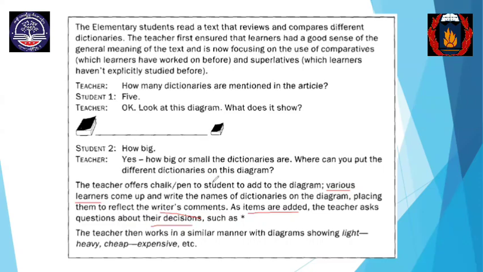The teacher asks knowledge checking questions. In this way, the teacher can present the language. The other items like light, heavy, cheap, expensive, and some other comparative and superlative forms, the teacher can present in the same manner.